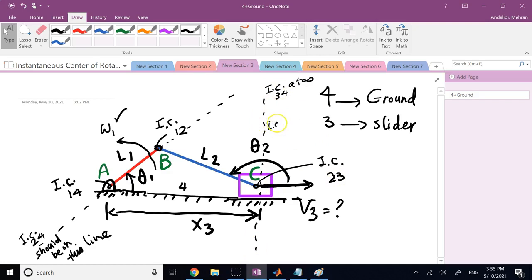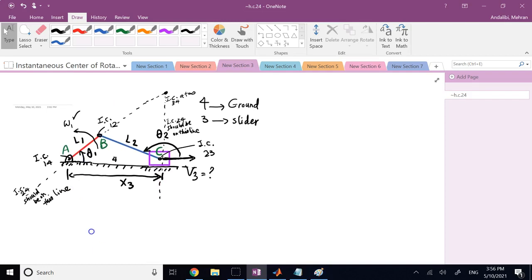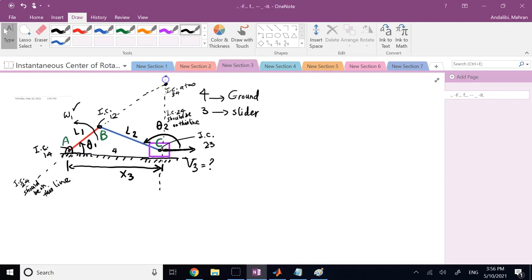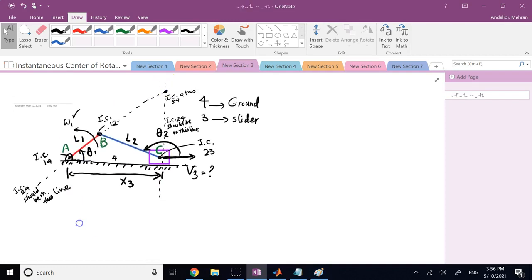So IC of 2, 4 should be on this line also. So if I continue them, where they hit each other, that is going to be the instantaneous center of 2 with respect to 4.